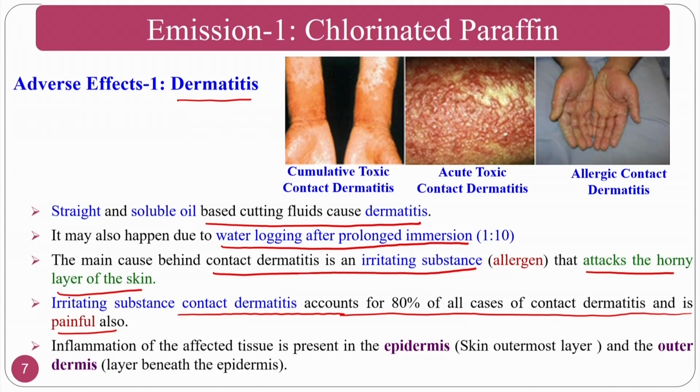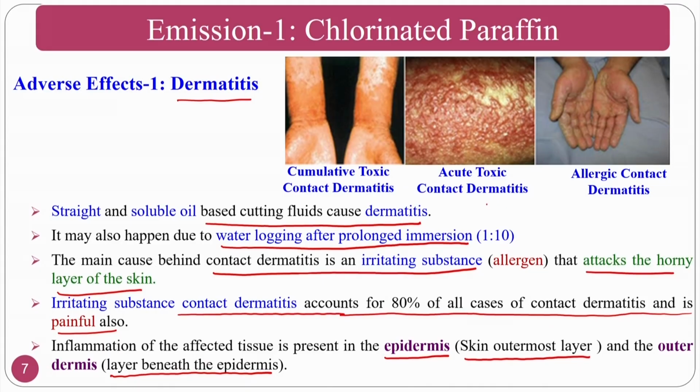The inflammation affects the tissue present in the epidermis, which is nothing but the skin's outermost layer, and the outer dermis, the layer beneath the epidermis. Now, we will come to the pictures. The first one is cumulative toxic contact dermatitis. What will happen when chlorinated paraffins fall on the skin?